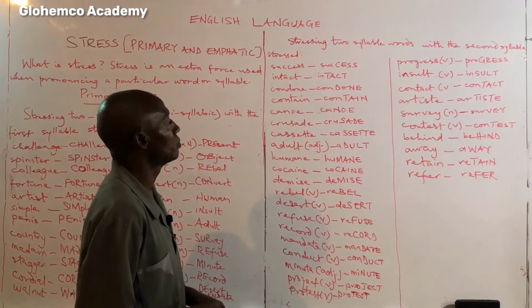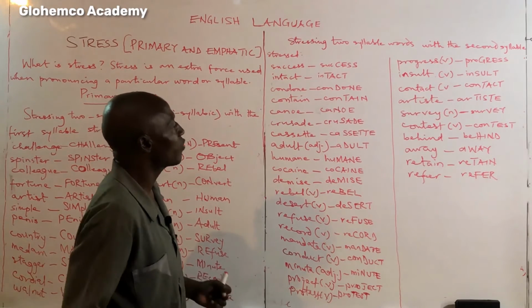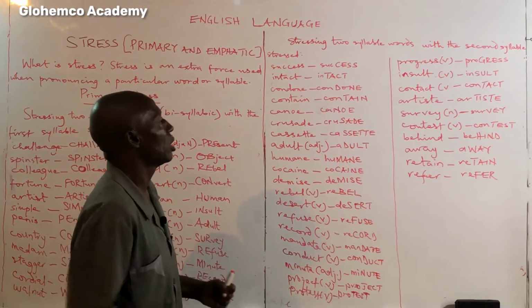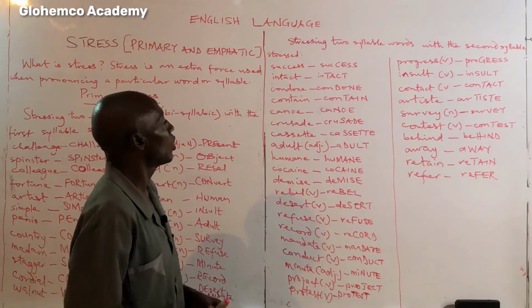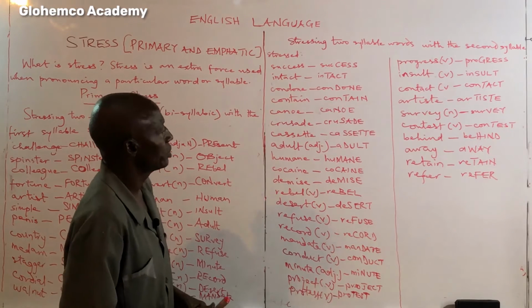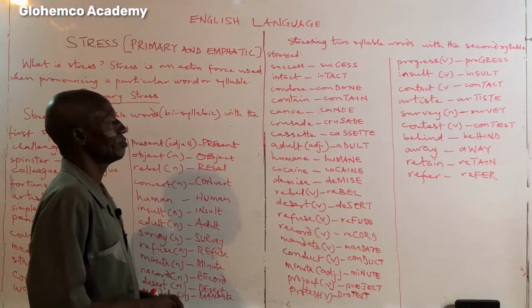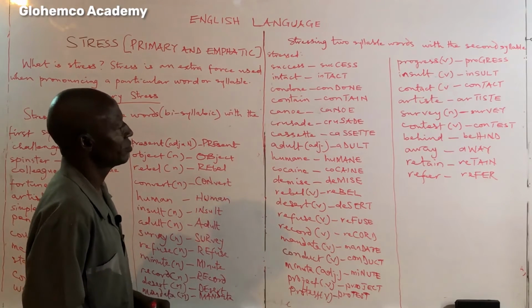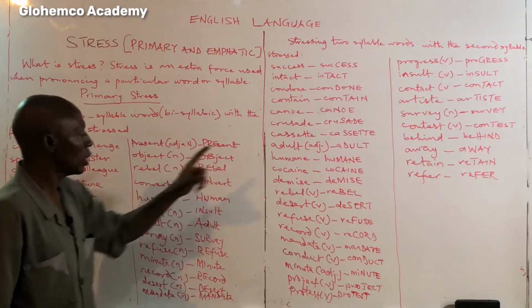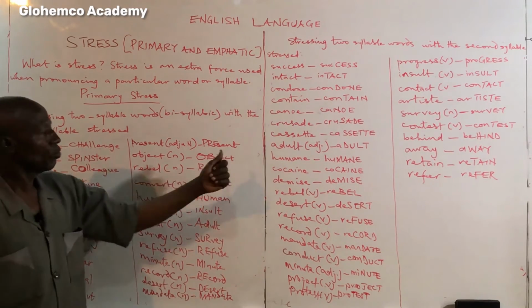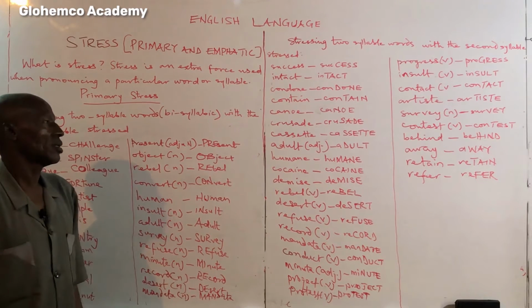Then we have condone, canoe, crusade, cassette. Then here you have the noun form, which is adult, but here we have adult with a different stress.